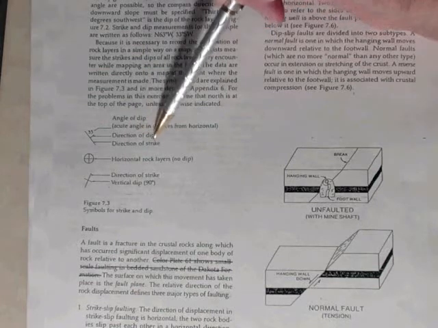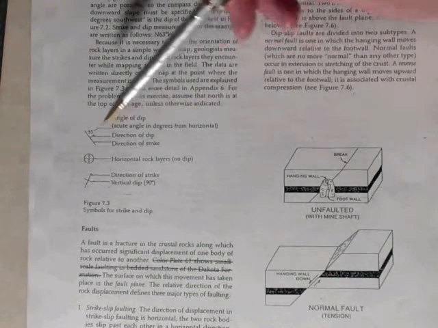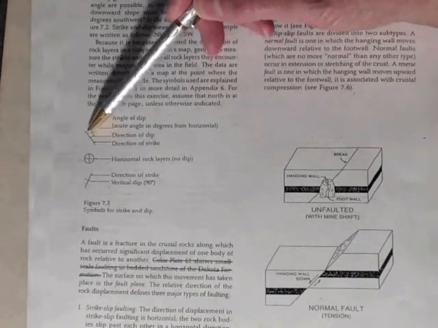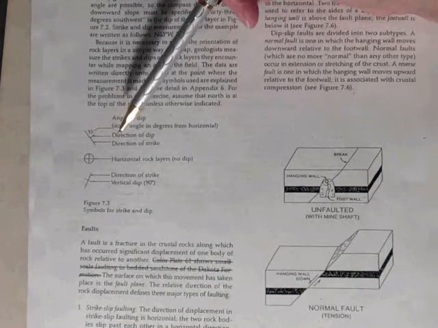So it tells us the direction of the strike and the direction of the dip, and kind of gives us the attitude of our rock body outcrop. So that's what the map symbol would look like. Strike and then a dip, always perpendicular to the strike.